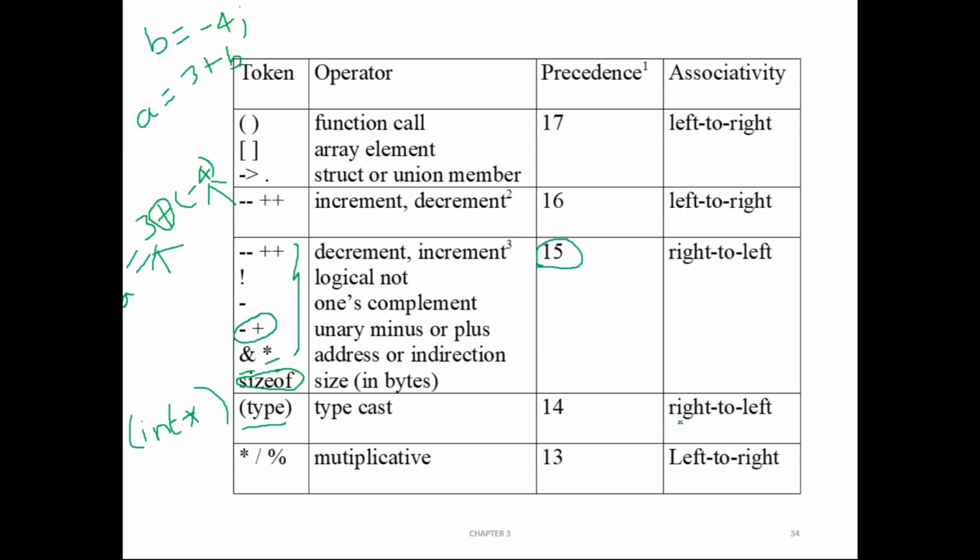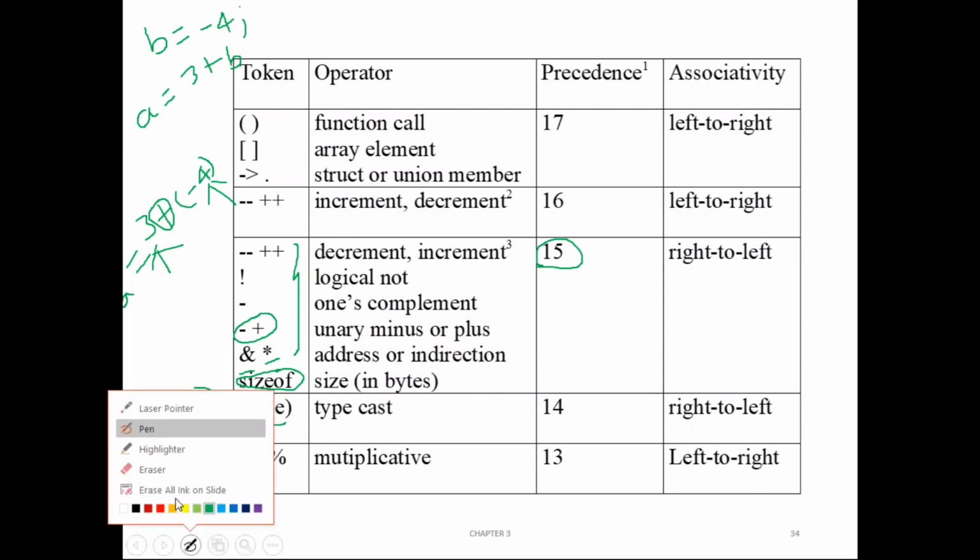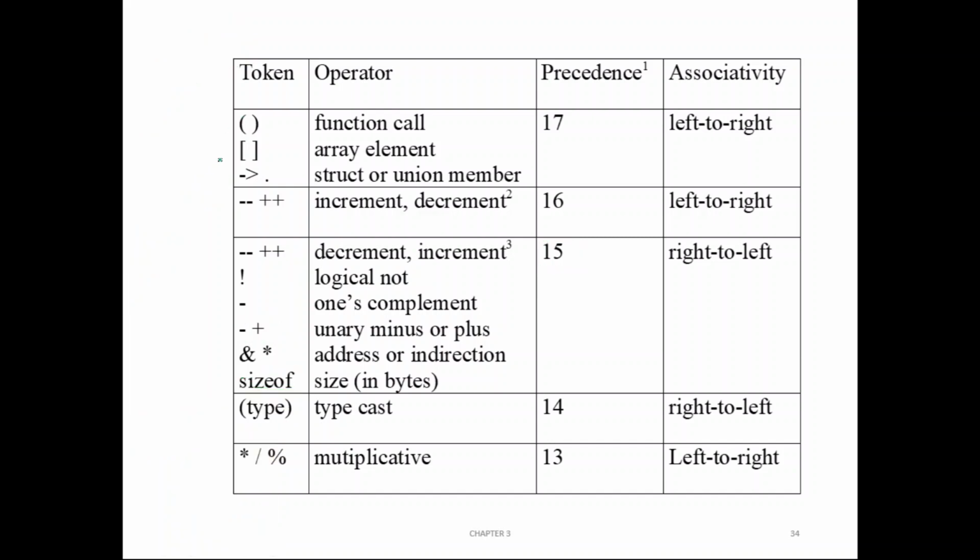So you can see all these have the highest priorities. First the bracket, then post increment, post decrement, then pre increment, pre decrement, unary plus, unary minus, star, ampersand, I mean the indirection operator and address operator, then typecast.